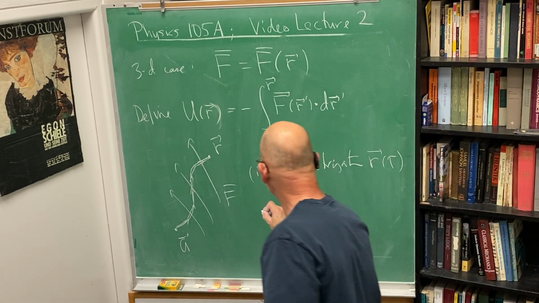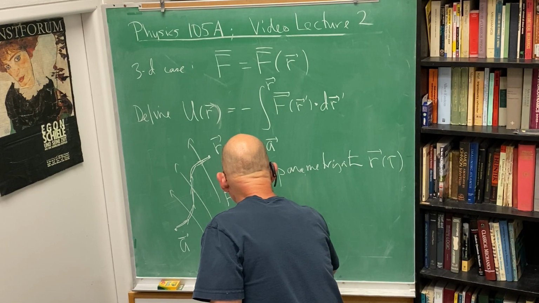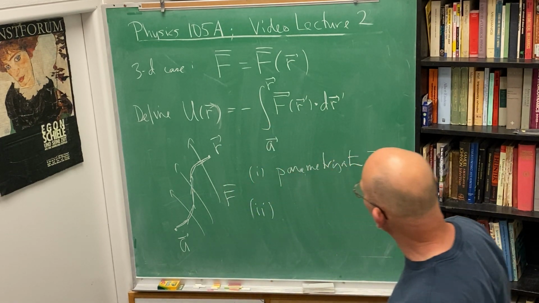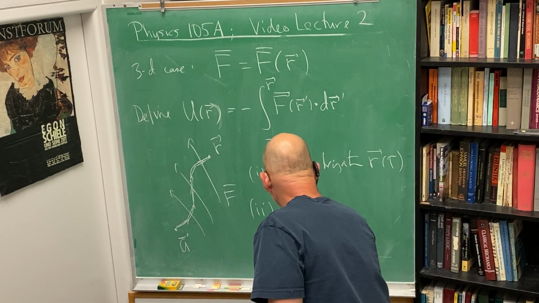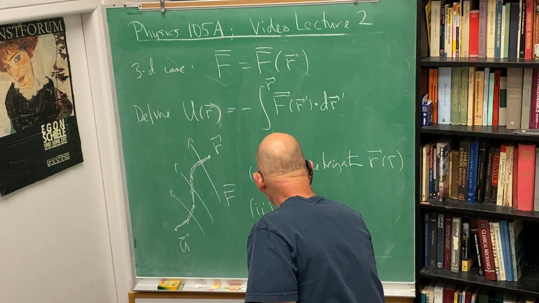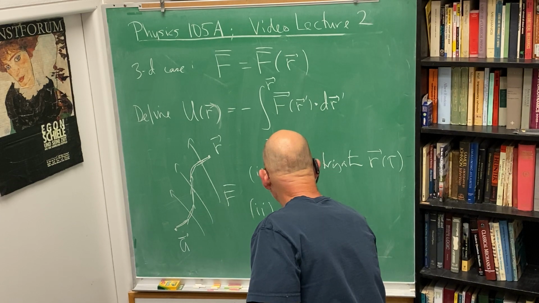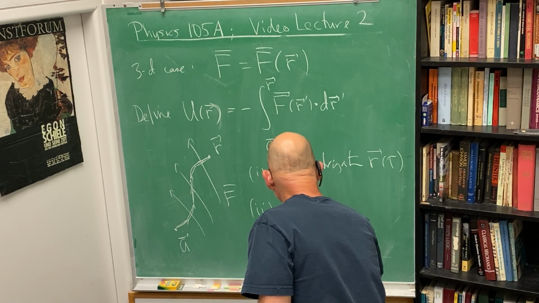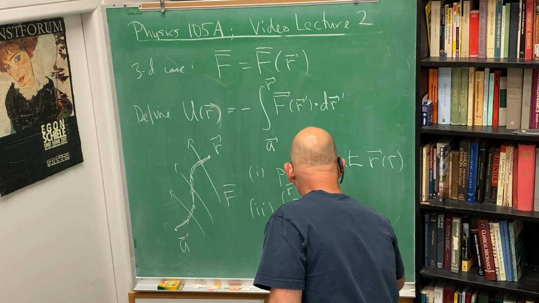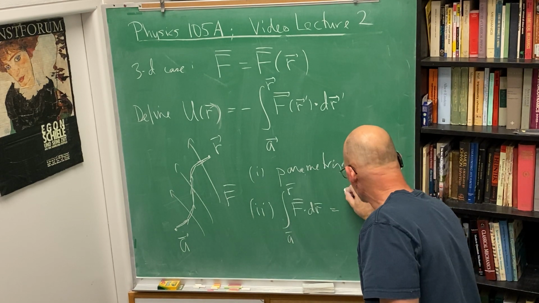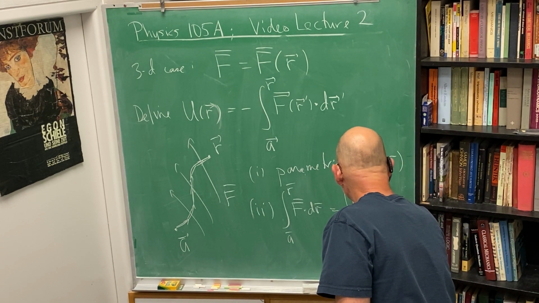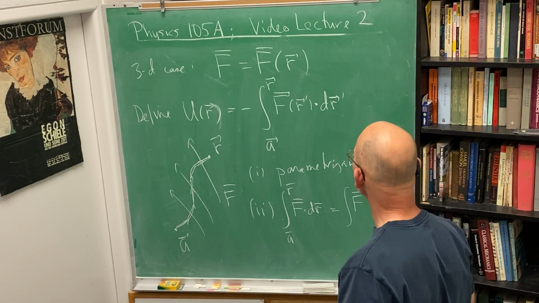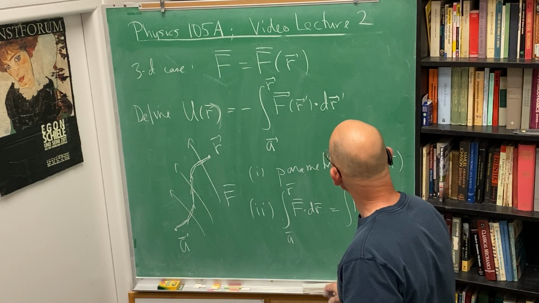And then we can define integrals of this type. I'll go ahead and just do this one right here. Then this integral from A to r of F dot dr is defined as F, need more room as usual.